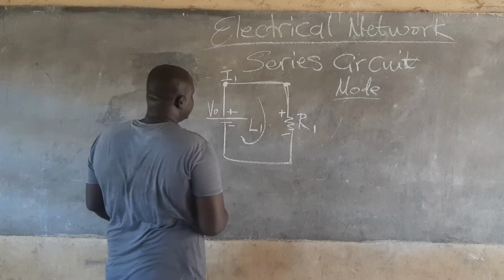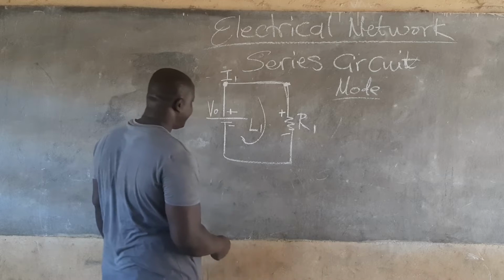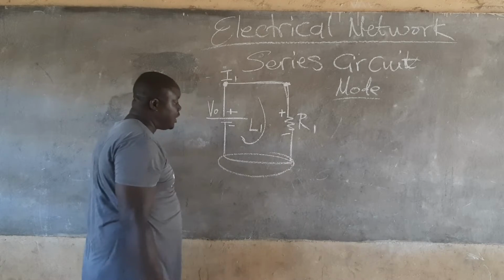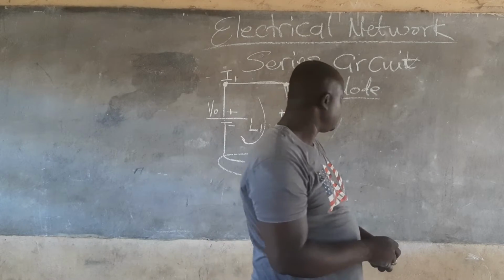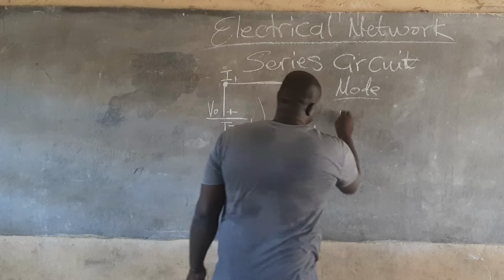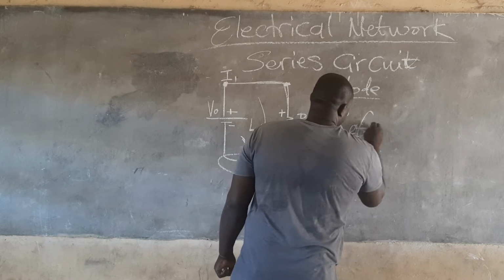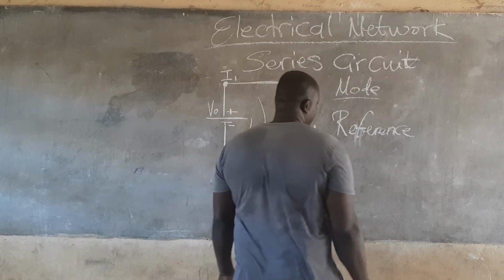This resistance has been connected to this battery, but we have one node here which they all share, which is the ground. And we call it a reference node.